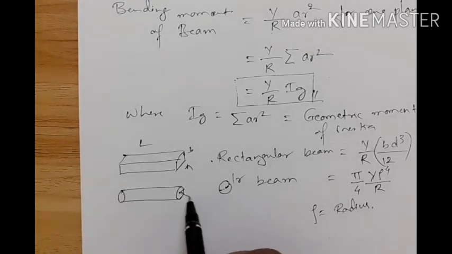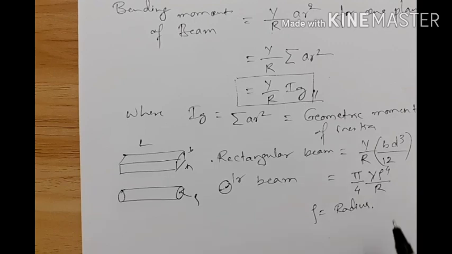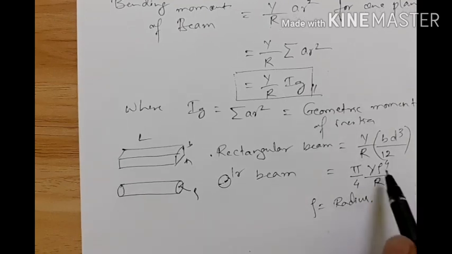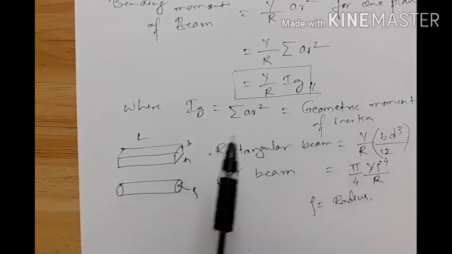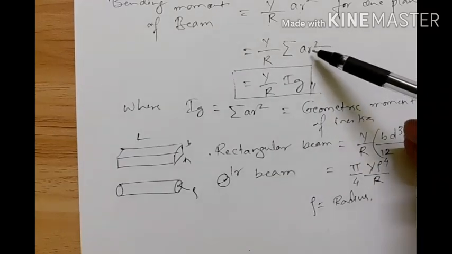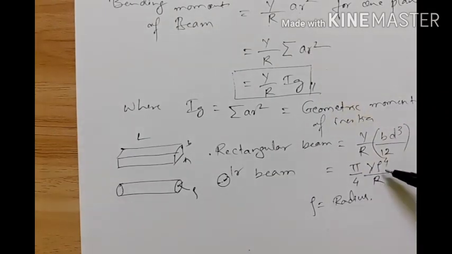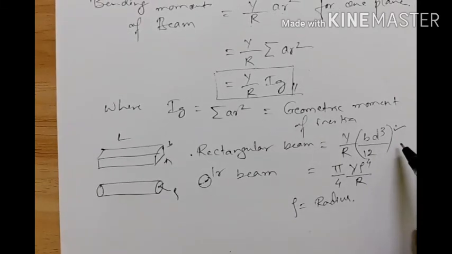Why they have taken rho here is so as not to confuse it with the small r. These two I have taken directly, and there will be only one problem on this formula. So in the numerical examples we may get such a kind of problem.